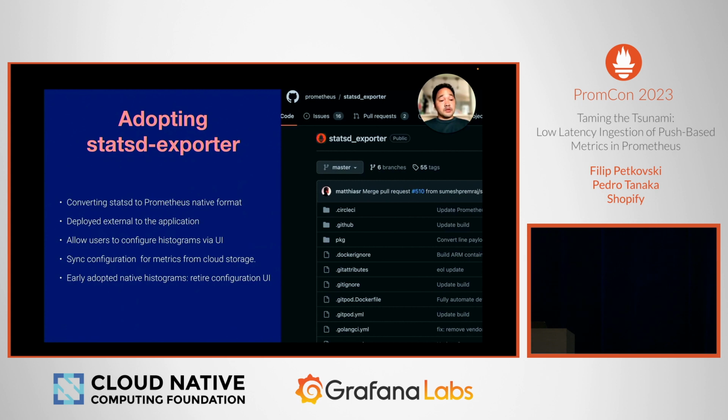And we allow users to configure the metrics through a web UI, and then we would sync the configuration from cloud storage to the statsd exporter instances using a sidecar. We also were early adopters of the native histograms, and we managed to actually retire all this web UI for configuring metrics and just using native histograms for all of our metrics.